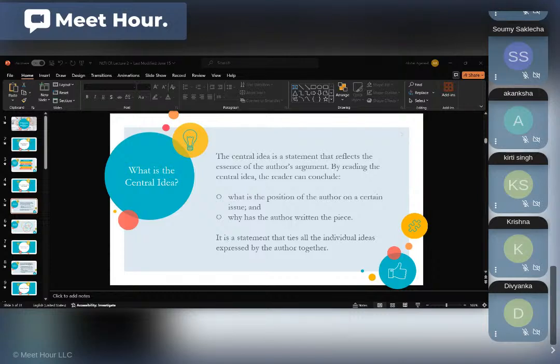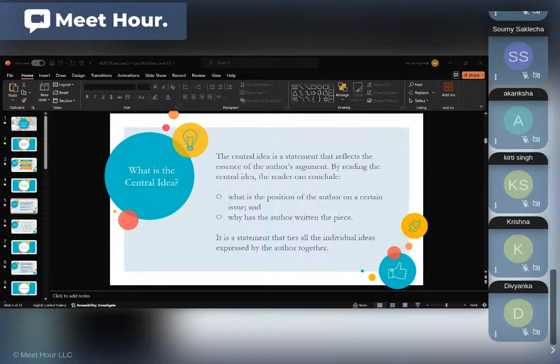The other position is that the author is very upset at whatever has happened with the NTA and NEET, and tells you that it's a very poor committee. The NTA should not conduct NEET or any other competitive exam, right? Those are a couple of things the author can tell you. So that's the position of the author.